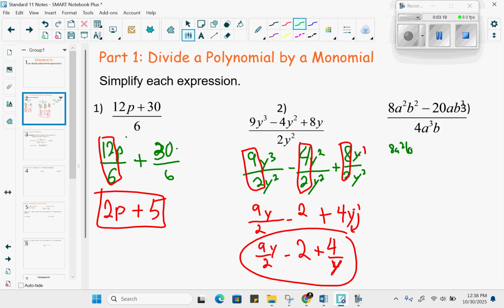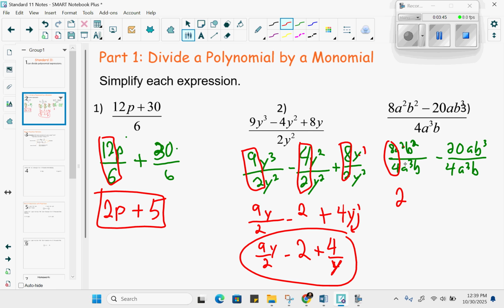8a squared b squared over 4a cubed b, minus 20a b cubed over 4a cubed b. Same process. We're going to take our numbers. So 4 over 8 reduces down to 2.